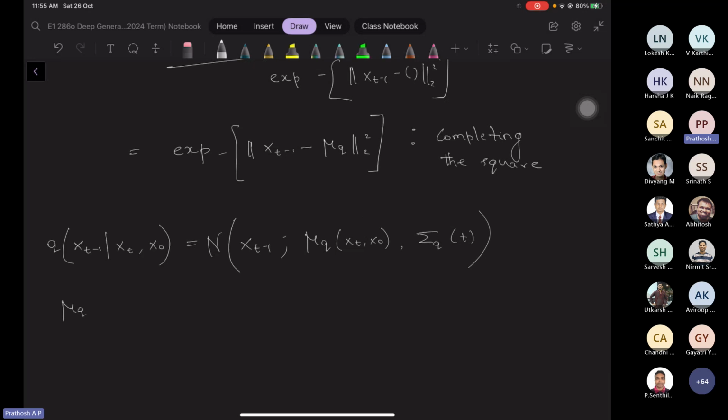The mean of this distribution, mu q, a function of xt and x naught, is given by root of alpha t into 1 minus alpha t minus 1 bar, times xt, plus root of alpha t minus 1 bar into 1 minus alpha t times x naught, divided by 1 minus alpha t bar.